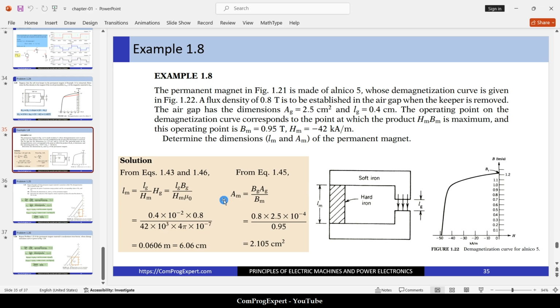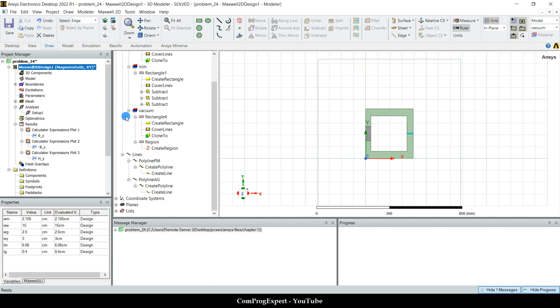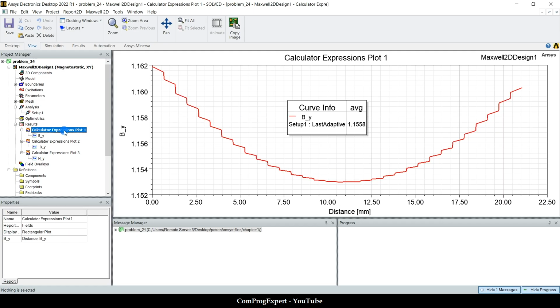But here, when we set the dimensions and when we selected this operating point for the magnet, these values for Bm and Hm, we calculated these dimensions for the Lm and Am. The operating point is this one, not this one. But why we calculated these numbers in the finite element software?